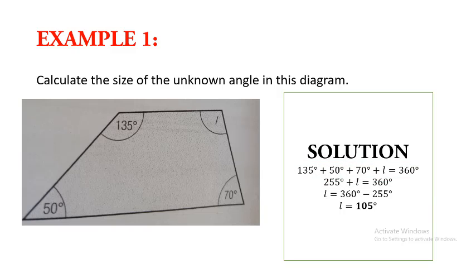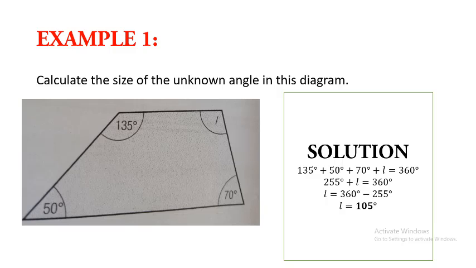Why? Angles in a quadrilateral. So if we add 135 degrees, 50 degrees plus 70 degrees, the answer is 255 degrees. And then plus L is equal to 360 degrees.